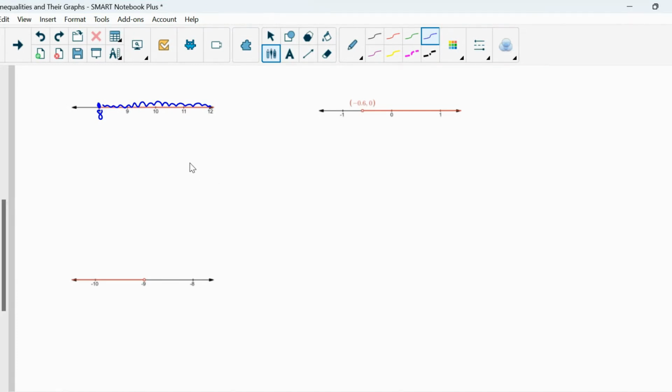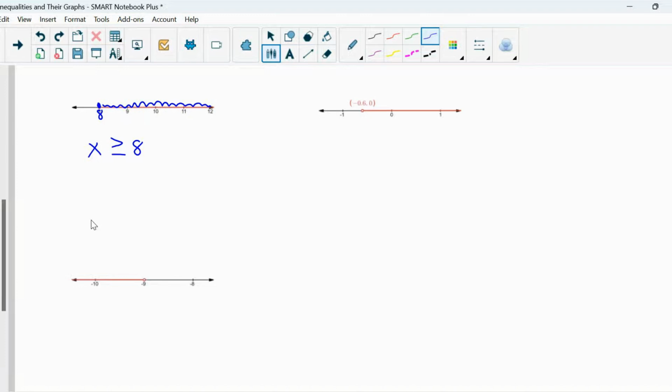For all of these, let's set it up so our variable is on the left side of our inequality. We have a solid point, so we know that it has to be an equal to symbol, and it's shading to the right, so our inequality will point to the right. The point at which our closed point is at is 8, so that is what will be on the right side of our inequality.